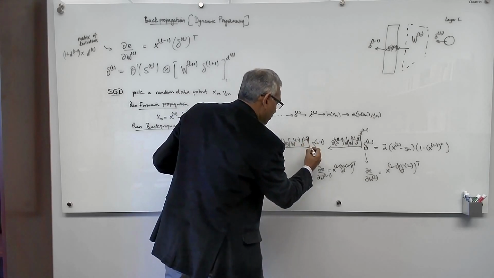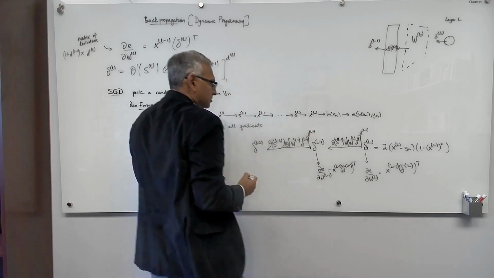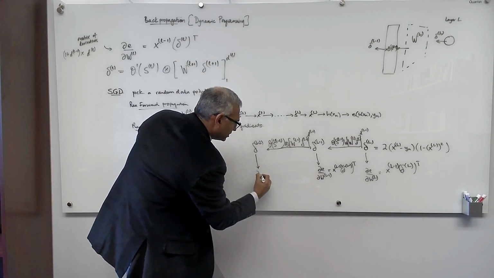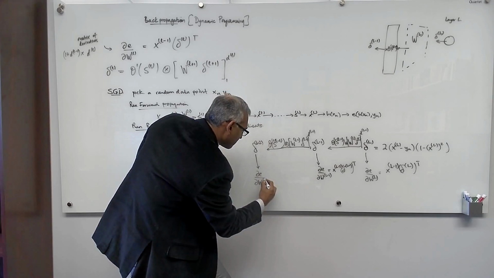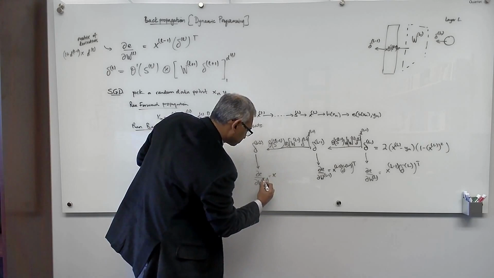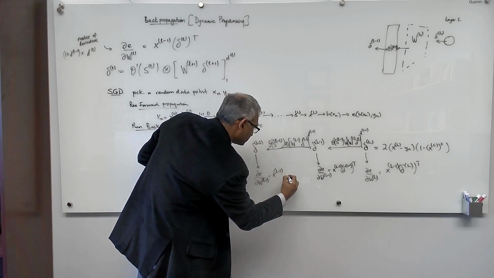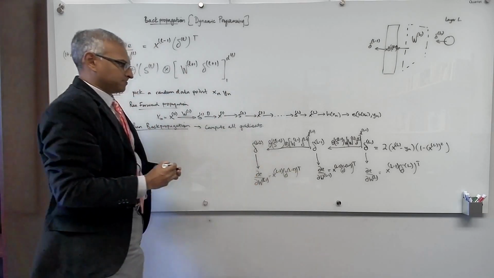But I only need the components 1 to D L minus 2. And the moment I calculate delta L minus 2, I can spit out dE by dW L minus 2, which is equal to x L minus 3 times delta of L minus 2 transpose.